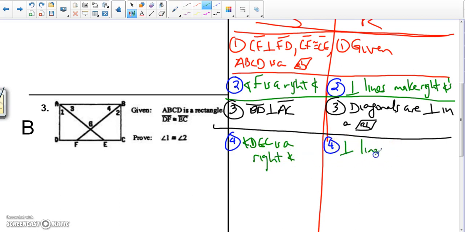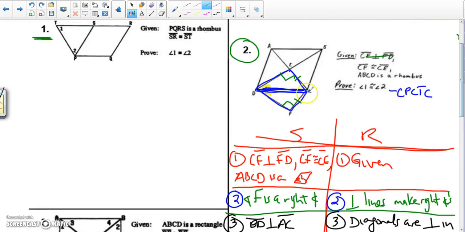Because, same reason as above, once we know the lines are perpendicular, we know that perpendicular lines make right angles. Alright, so just kind of process of elimination. Since that one angle down here was a right angle, we just wanted to find a way to show that this was a right angle.